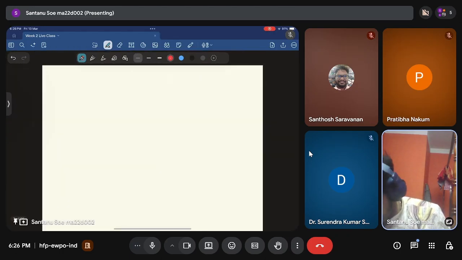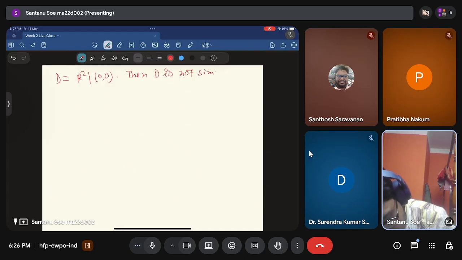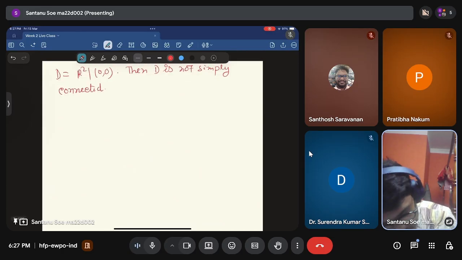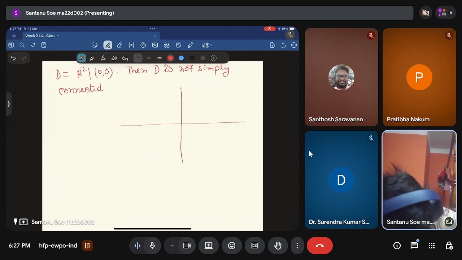Okay. So the example is you take D equals R2 minus (0, 0). Then D is not simply connected. Okay. So what is this domain? You take the whole R2 plane, but you remove this point.